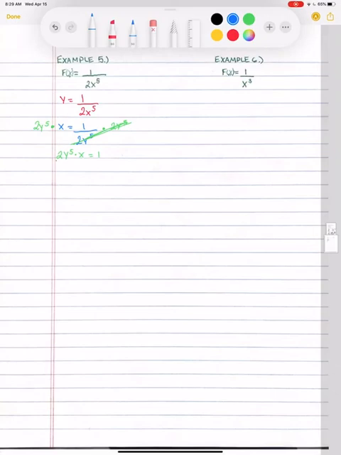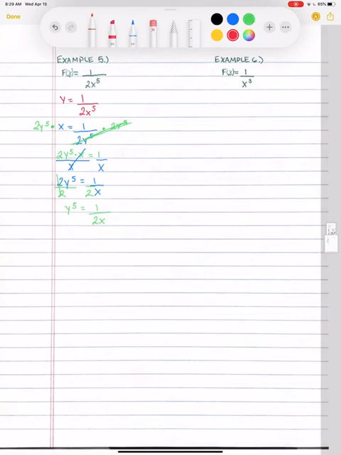I'm going to divide by x. And I have 2y to the 5th equals 1 over x. Now I'm also going to divide both sides by 2. So I have y to the 5th equals 1 over 2x.